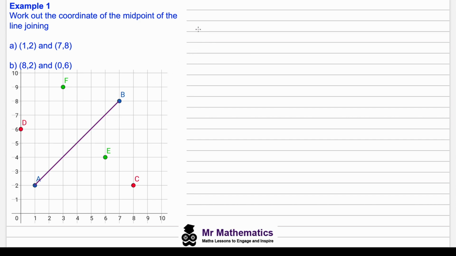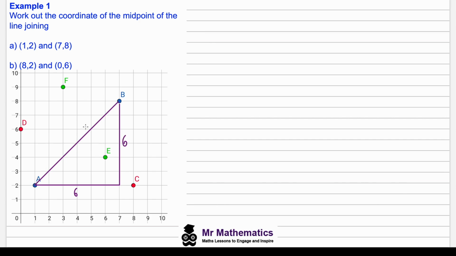Okay, so there's a few ways we can do this. We can either count across in the x direction from A to B, and this will have a distance of 6, which is the 7 take away the 1. So if we mark this on as 6 units, and then if we count up from the y value of A to the y value of B, well, this will also be 6.